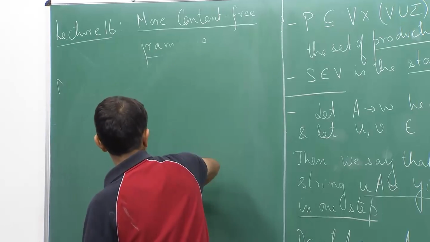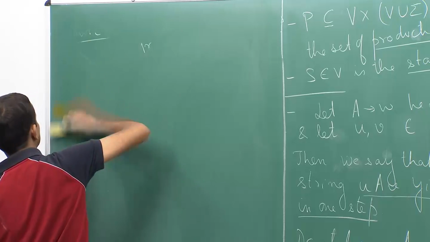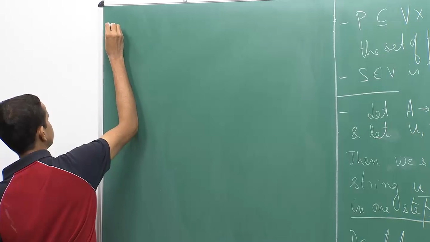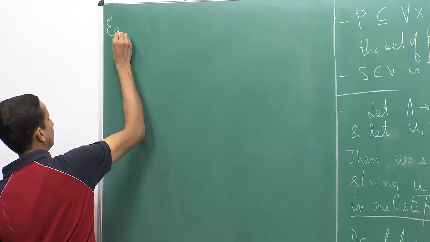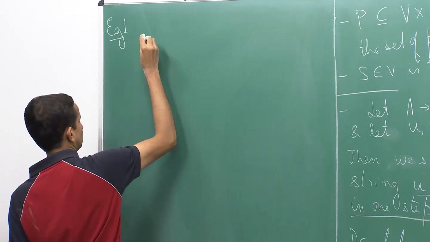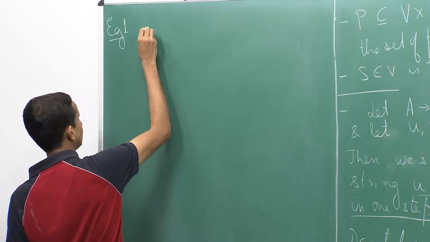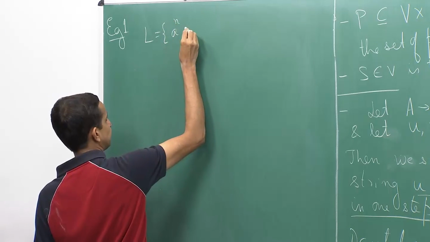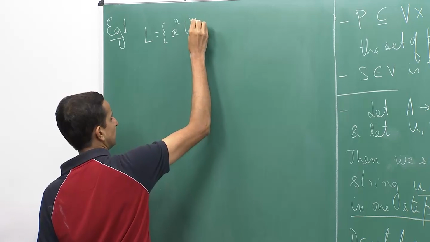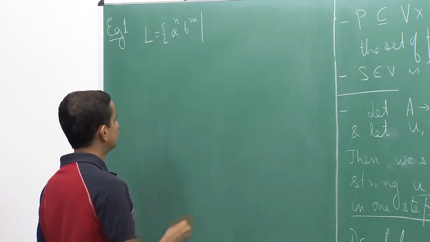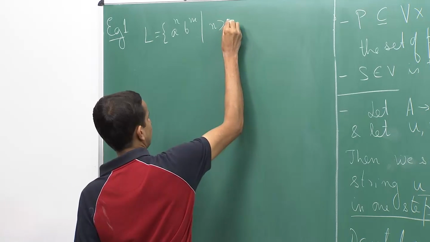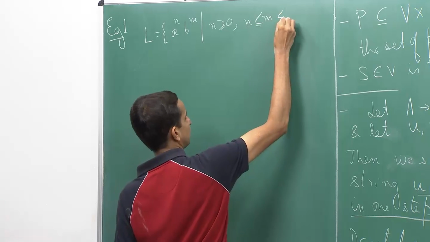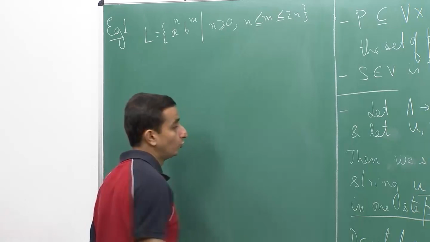So, let us look at some examples. The first example that we will see today is the language L, which has a sequence of A's followed by a sequence of B's such that n is greater than or equal to 0 and m is greater than or equal to n, but less than or equal to 2n.